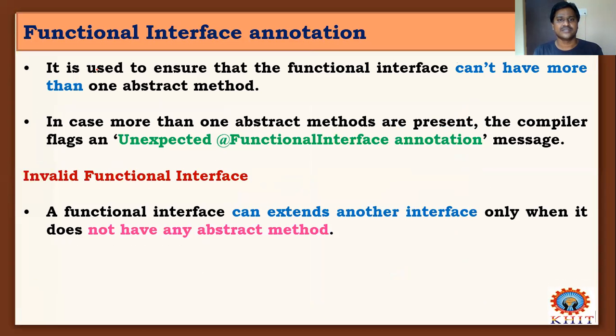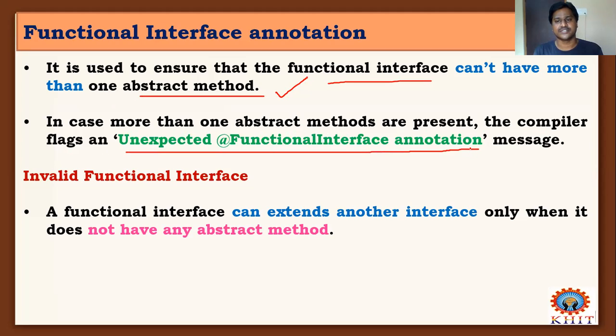The FunctionalInterface annotation is used to ensure that a functional interface cannot have more than one abstract method. Is this point clear? In case more than one abstract method is present, the compiler flags an unexpected FunctionalInterface annotation message on the screen. It gives an error.